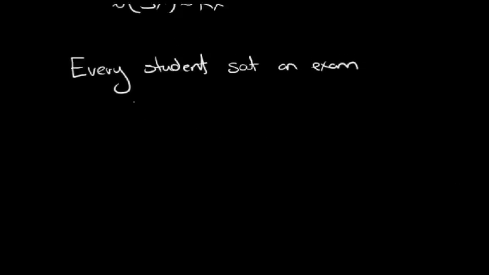Well, we're talking about students, so being a student is a predicate that we're going to need here, so we'll use S to denote that. We've got an exam, so maybe we'll use a variable to talk about this.